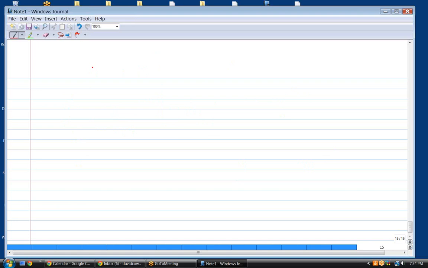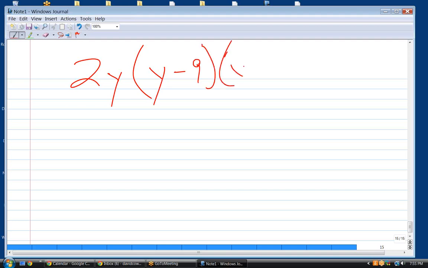This one is 2y times, with parentheses, y minus 9, and the second set of parentheses is y plus 4, is equal to 0. Like this? Yep. What are my three solutions? y equals 0. That's good.